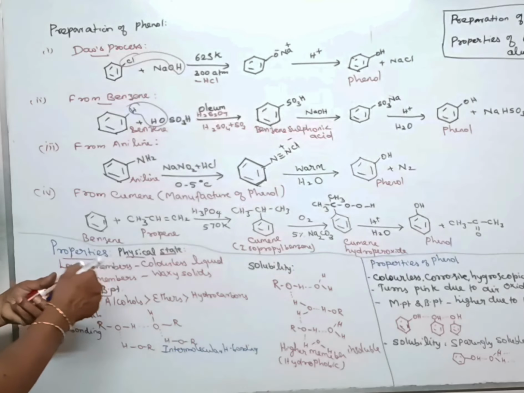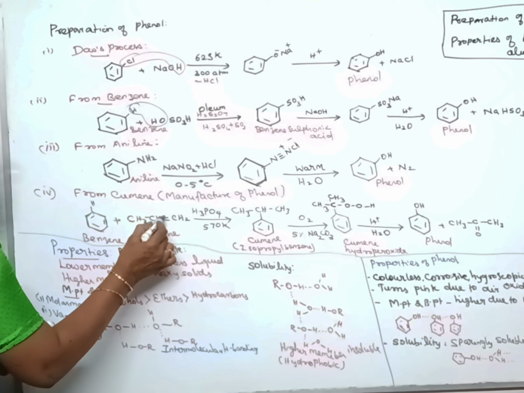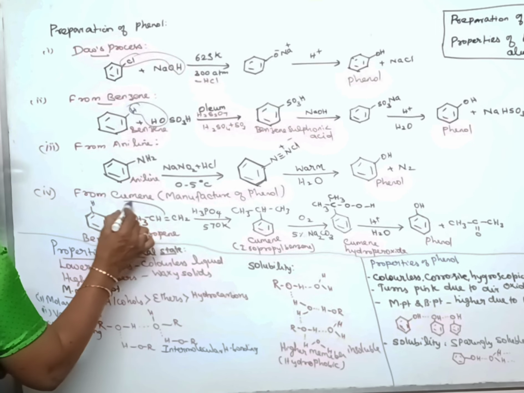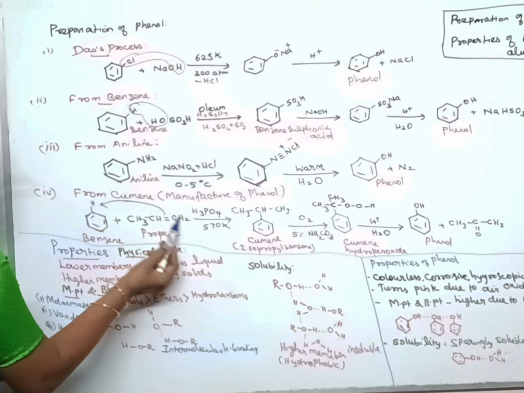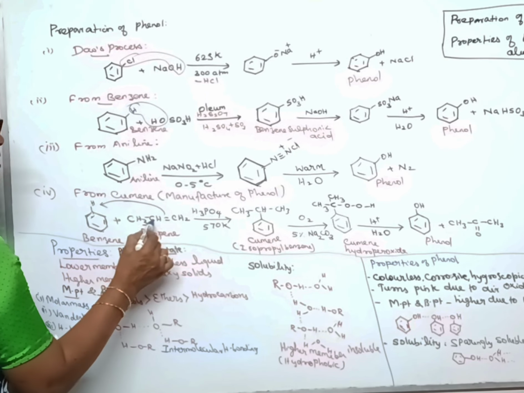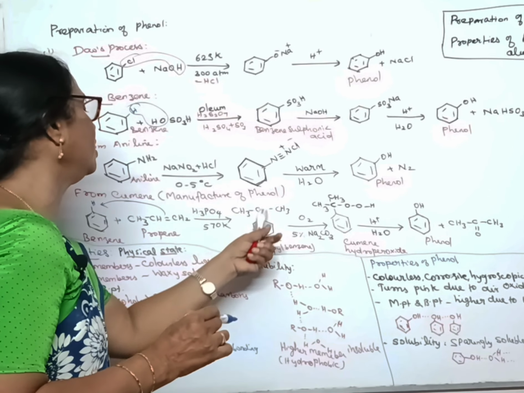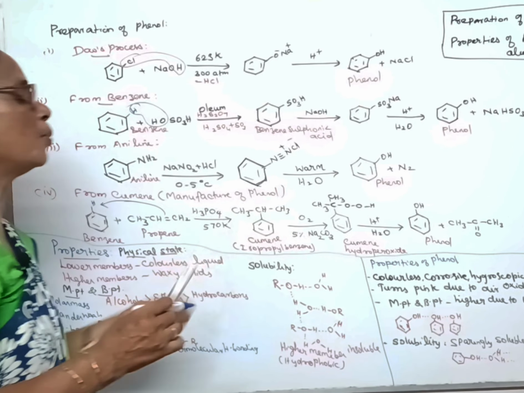Here one of the hydrogens from the benzene ring adds to the CH2 group of propene. So CH2 with the H makes CH3, and the secondary carbon CH gets attacked. That's why we are getting 2-phenyl propane.